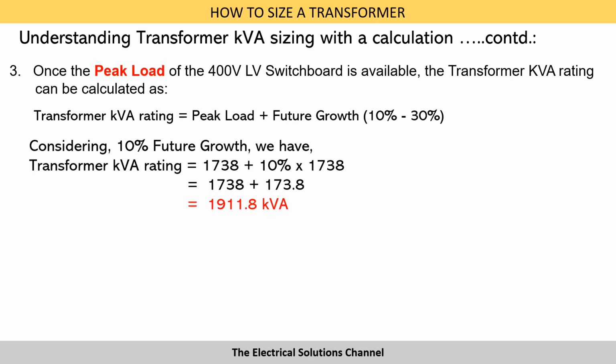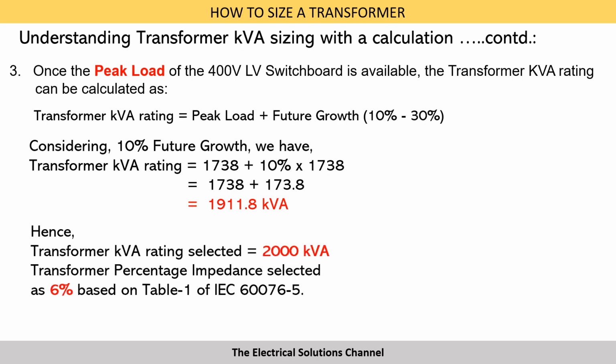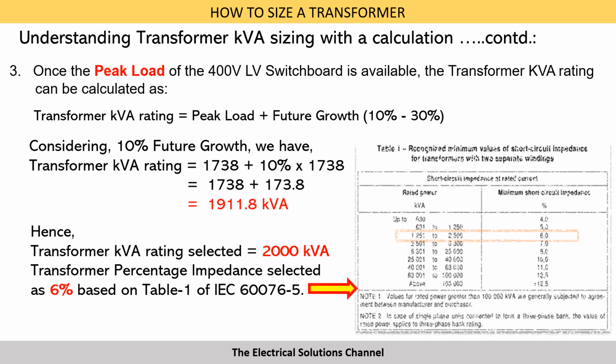Considering 10% future growth, we have the transformer kVA rating as 1738 plus 10% of 1738, which works out as 1911.8 kVA.